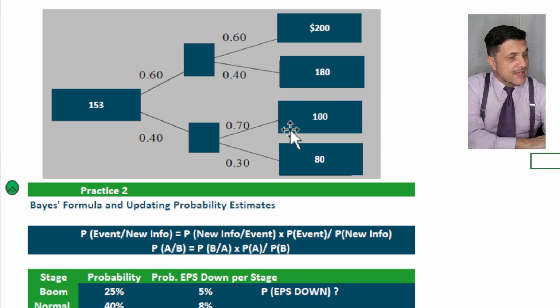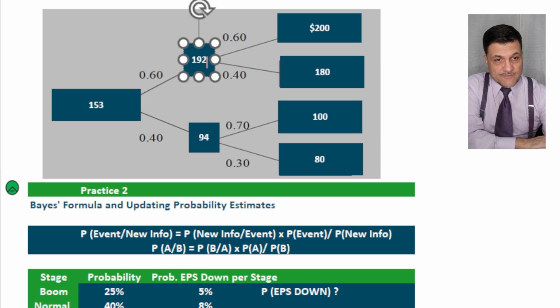And the average is not a simple average, right? It's a weighted average, and the weight is in the branch. So look at that. 200 times 60% plus 180 times 40% is the number that I put in that box. Same here. Look, 100 times 0.7, right? And 80 times 0.3. You add those 2, and you get that total.